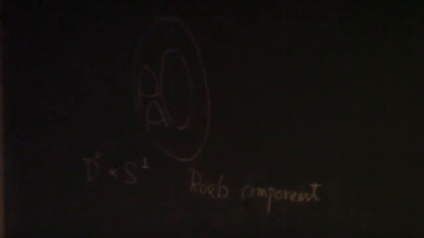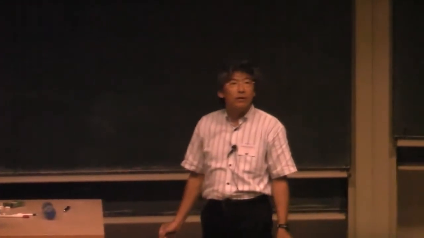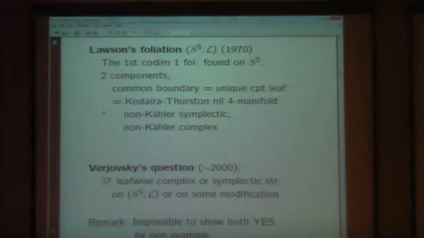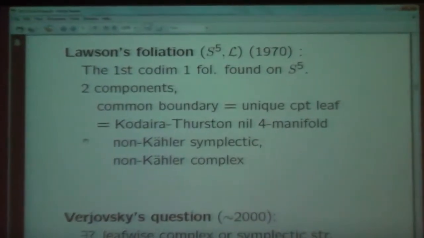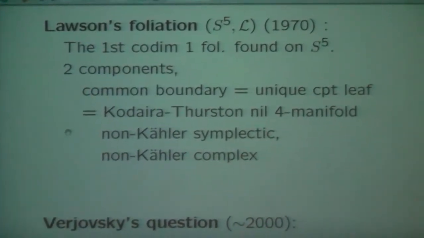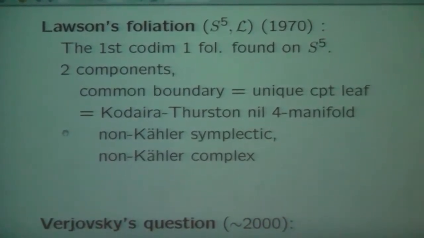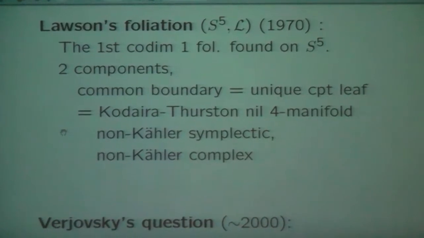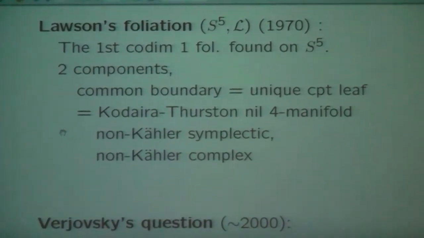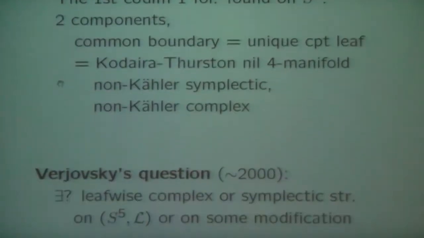So to construct a codimension 1 foliation on S5, the 5-sphere, was not so easy a problem around 1970. Lawson constructed such a foliation. I believe that was the first one found on S5.